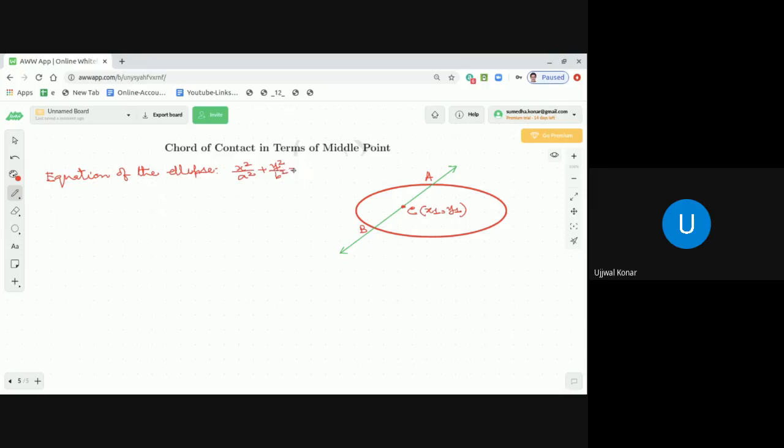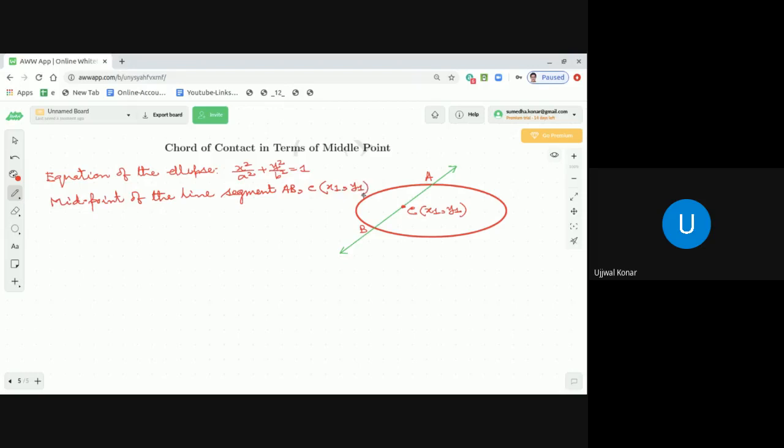And we know the coordinate of the point C, which is the midpoint of the chord, the midpoint of the line segment AB, and that is nothing but C, having coordinates (x1, y1).